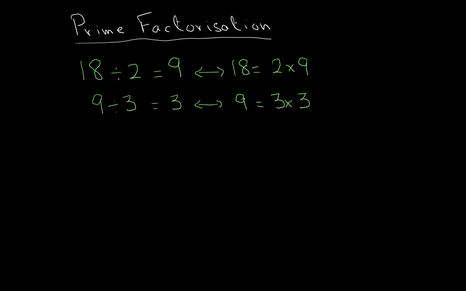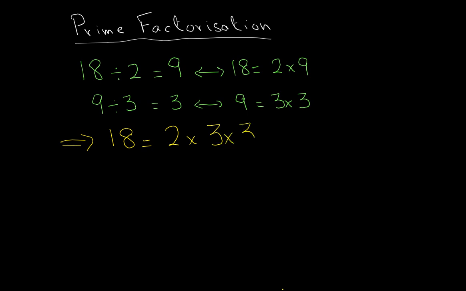And similarly, now we're done, because now we can write, so this would be the prime factorization of 18. The prime factorization of 18 is that we're going to write it as a product of factors, each one of which is prime, right?